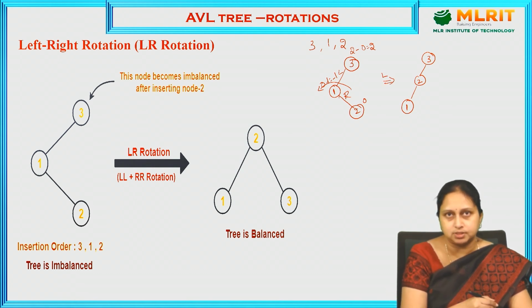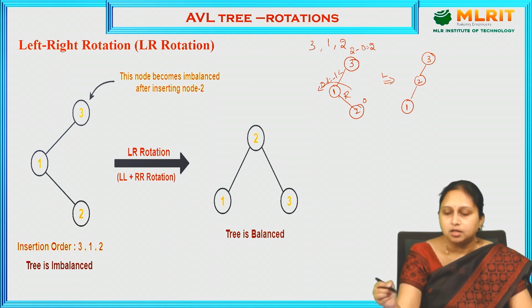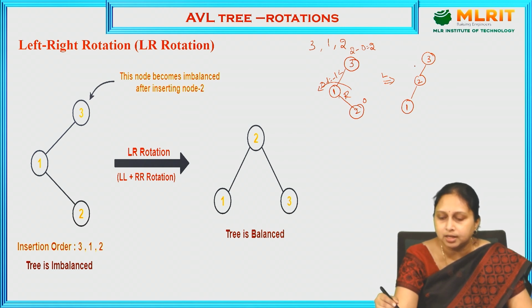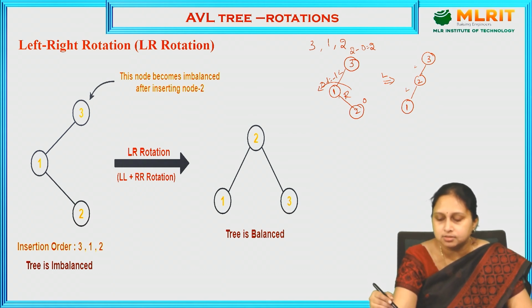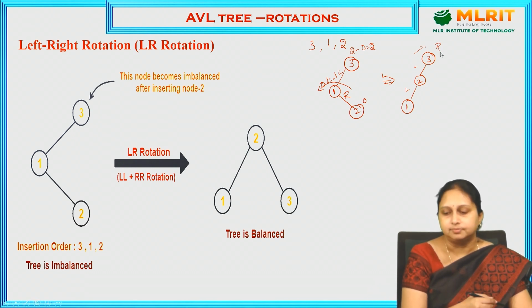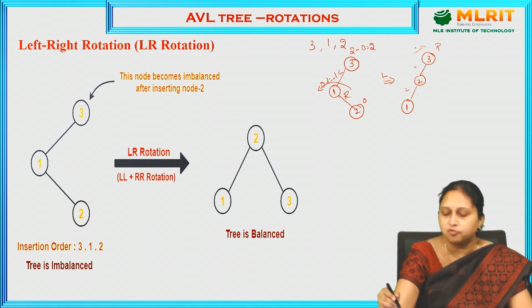Left rotation first. And then we are going to perform another rotation also. If you can see here, this is completely LL. Now which rotation we need to perform? Because of this LL, this is imbalanced, so we need to perform the right rotation to make it balanced.